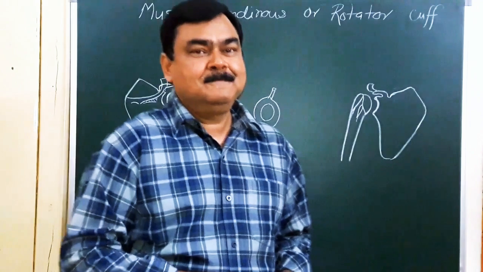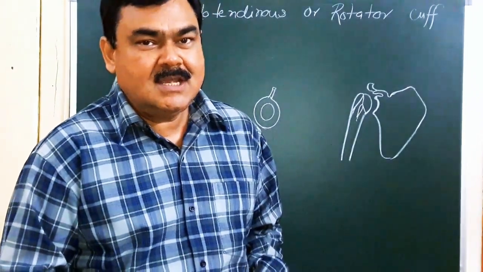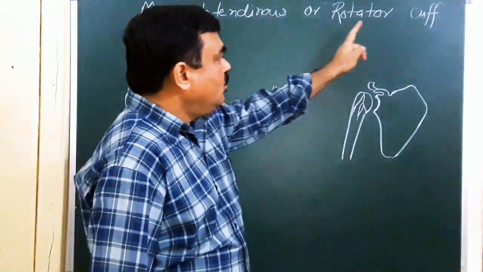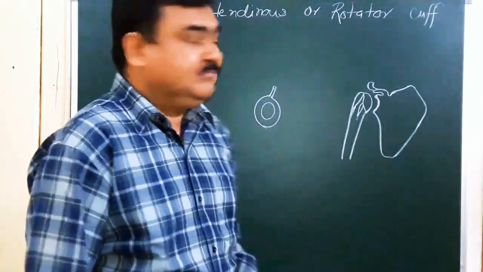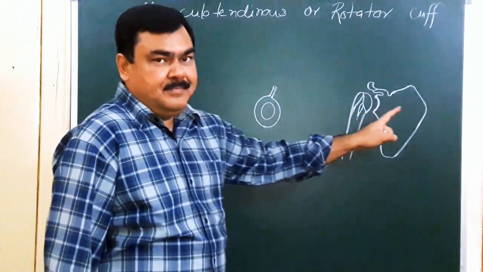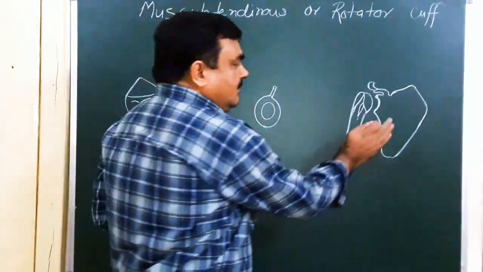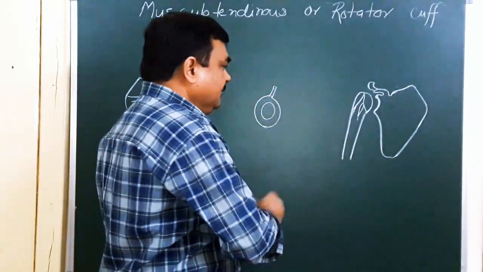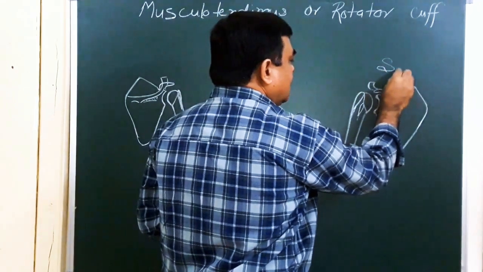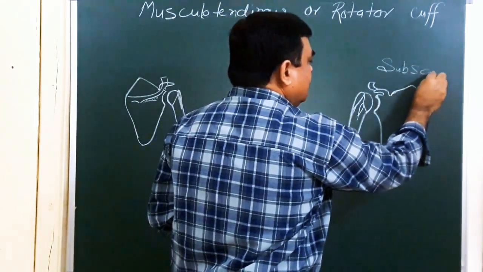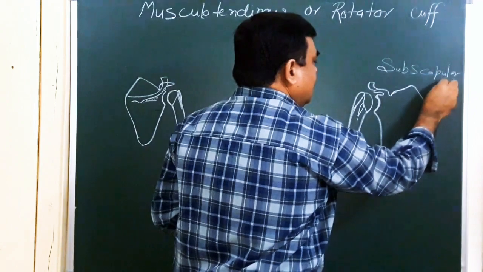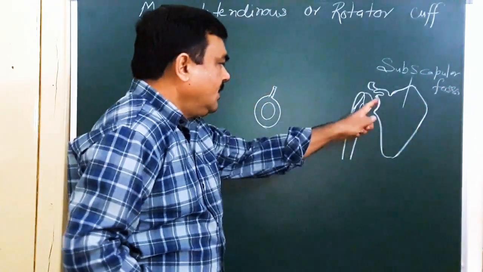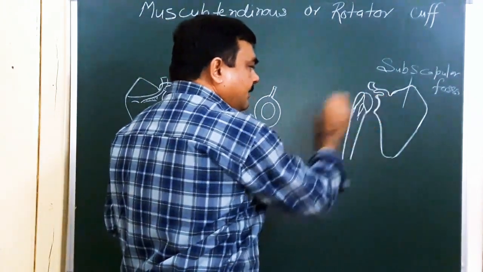Now we'll discuss about the musculotendinous or rotator cuff of the shoulder joint. Here in this diagram you can see this is subscapular fossa. Here is supraglenoid tubercle.